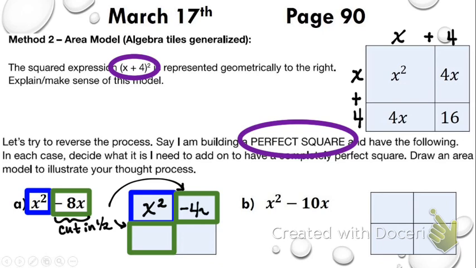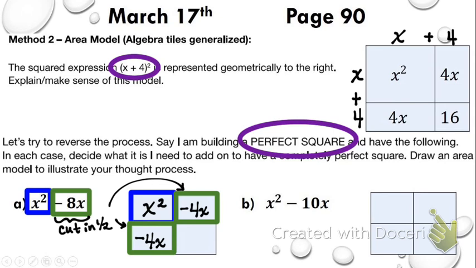Yep. Negative 4x and another negative 4. Those two have to be identical, or else my two sides won't come out to be identical. So whatever I put in one little box, I got to put the exact same thing in the other. It has to be half of whatever the green rectangle amount is.